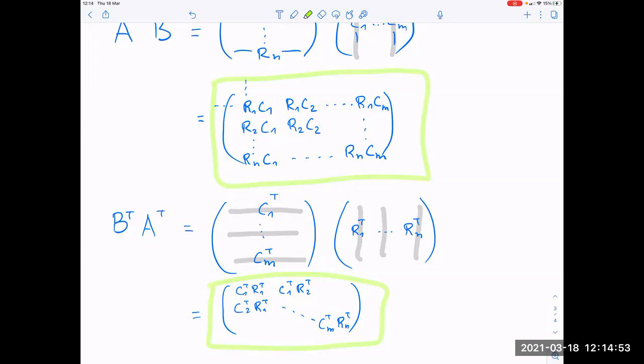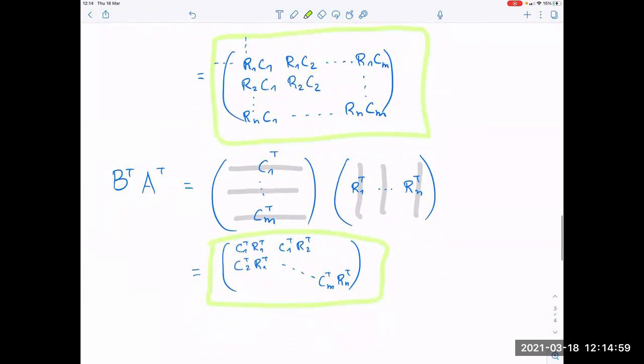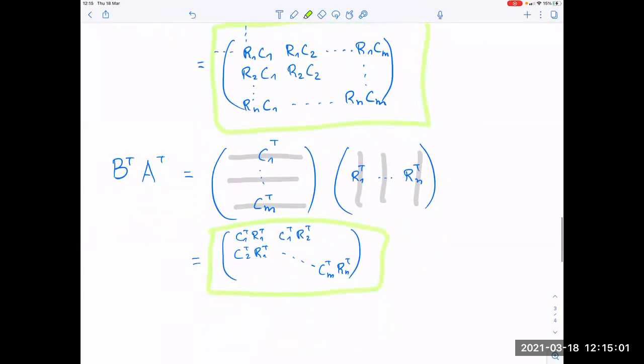Okay, so let's now compute the transpose of AB. So what is the transpose of AB? Well, it will be the matrix I get from this one here, which I will now copy.